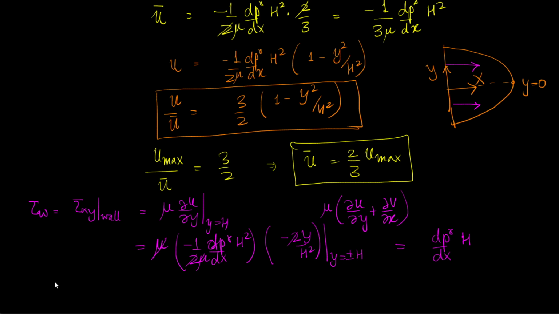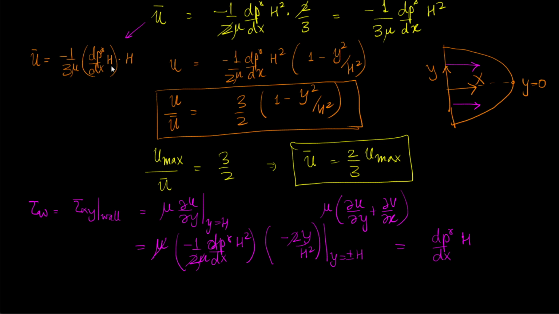So in terms of the average velocity, what is the expression for the average velocity? Is it this? So what is dp star? If we rearrange this expression, u bar is minus 1 upon 3 mu dp star dx times h times h.